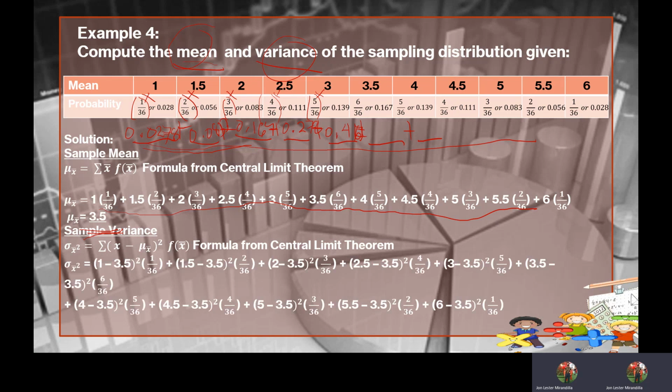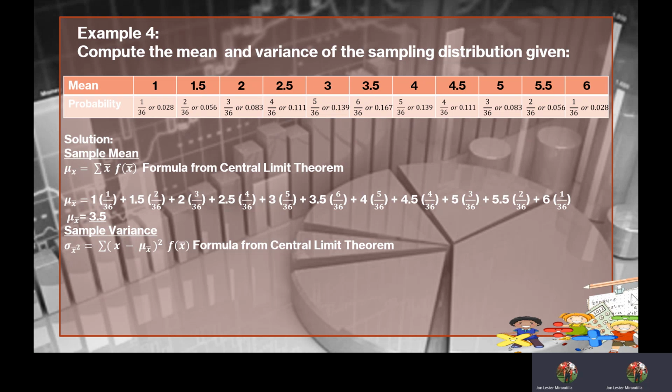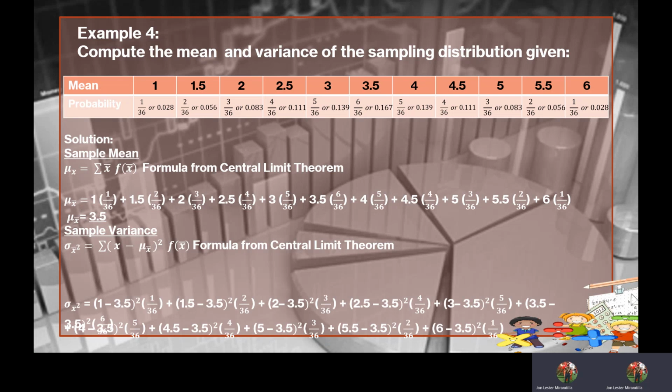Paano ba kunin si sample variance? Para makuha si sample variance, kailangan lang natin i-square. Sa sample variance natin, kailangan lang natin gamitin yung formula. Ito yung sigma sub x bar squared. Kailangan lang natin i-square yung ating variance, sample variance. Paano nga ba?